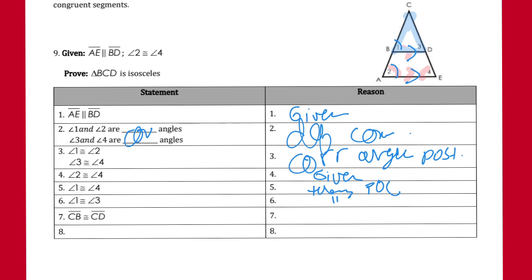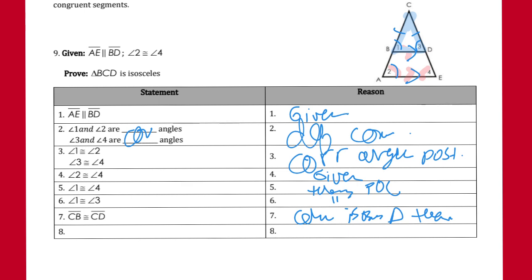And then, here's the weird thing. If we know that angles 1 and 3 are congruent, by the converse of the isosceles triangle theorem, we know that the segments CB and CD would also be congruent. The converse of that says if the angles are congruent, the segments across from them must be congruent as well.